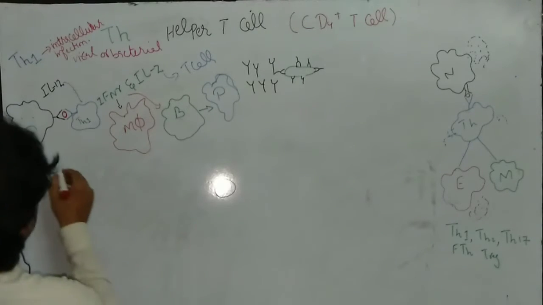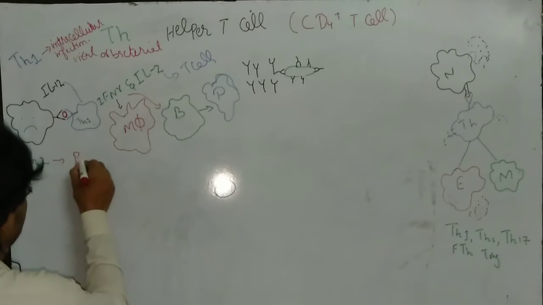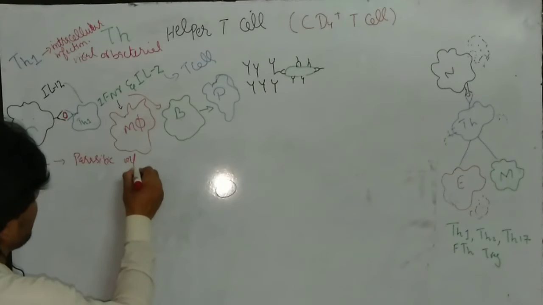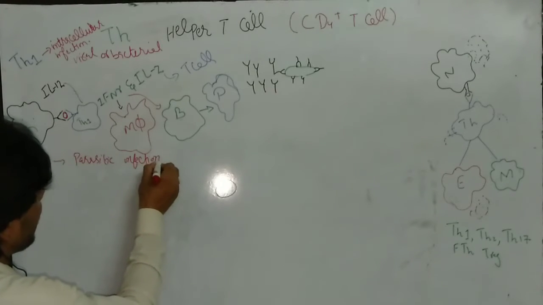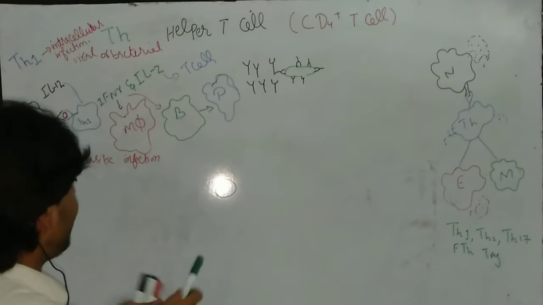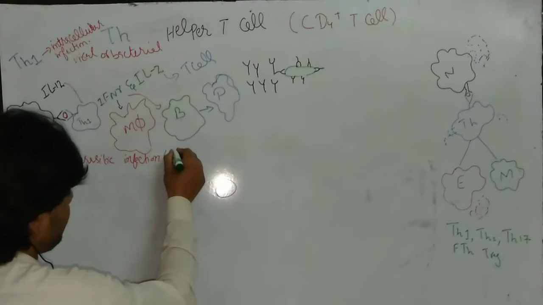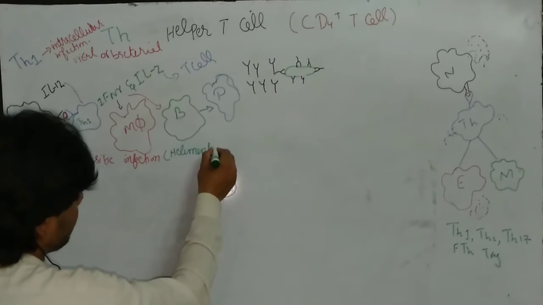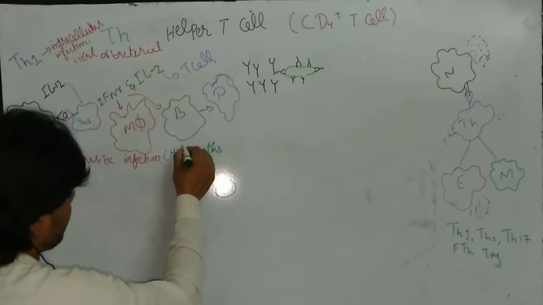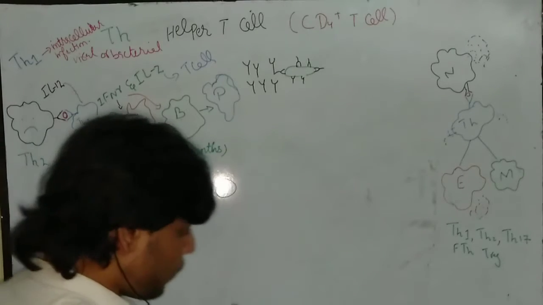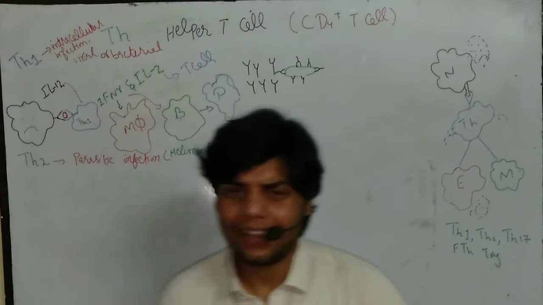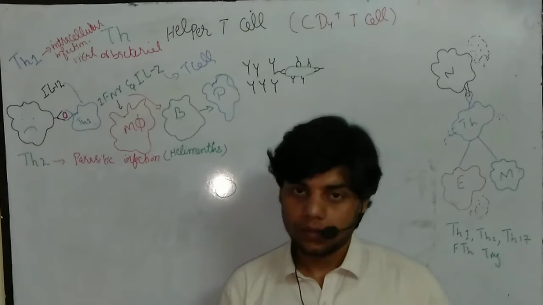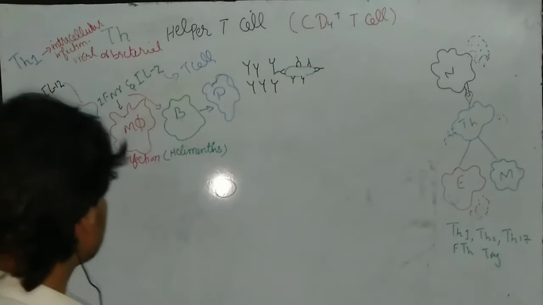So it will be activated against parasitic infection, or we can say against helminths, means a kind of worm. If there is a worm-like infection inside the body, then helper T cell 2 will get activated. Let's talk about that in detail.